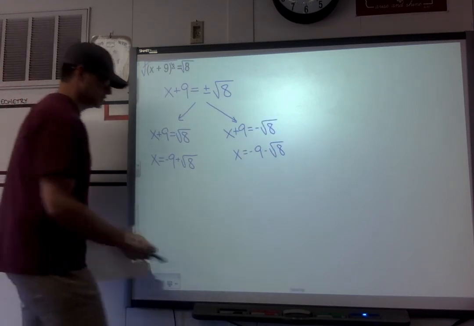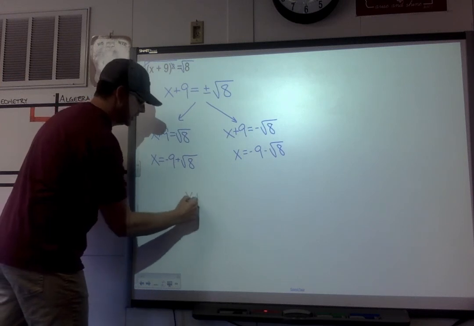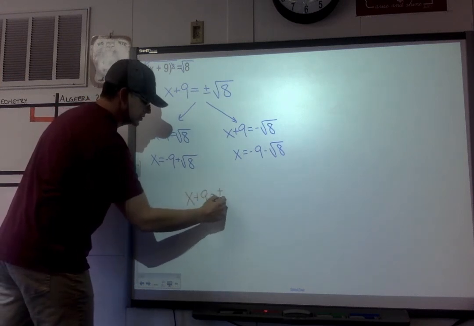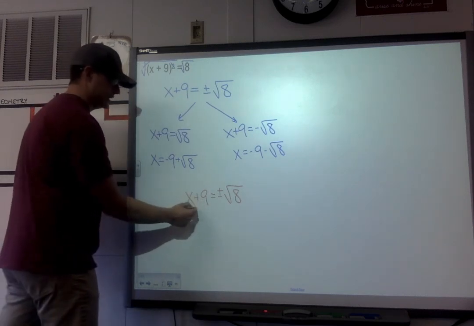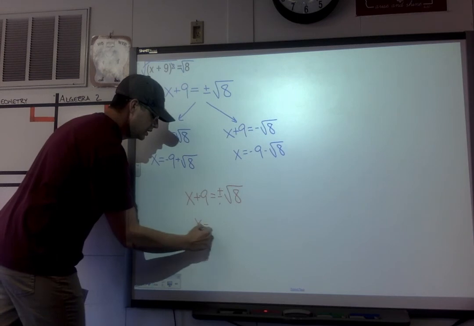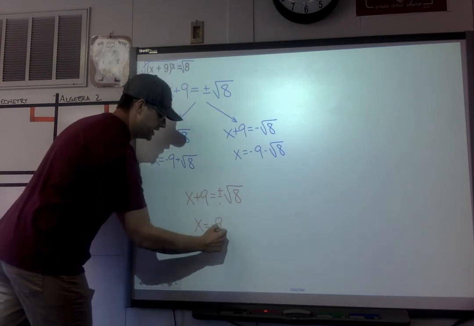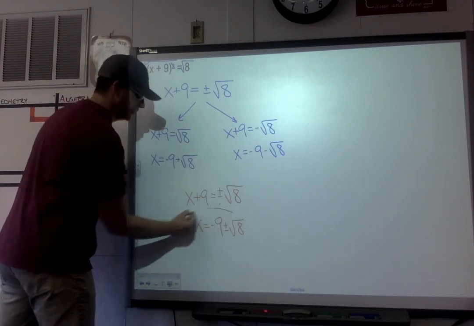Or what I could do is go from here, x plus 9 equals plus or minus the square root of 8. I could go ahead and just keep it as one equation, subtract my 9 over, and say x is equal to negative 9 plus or minus the square root of 8.